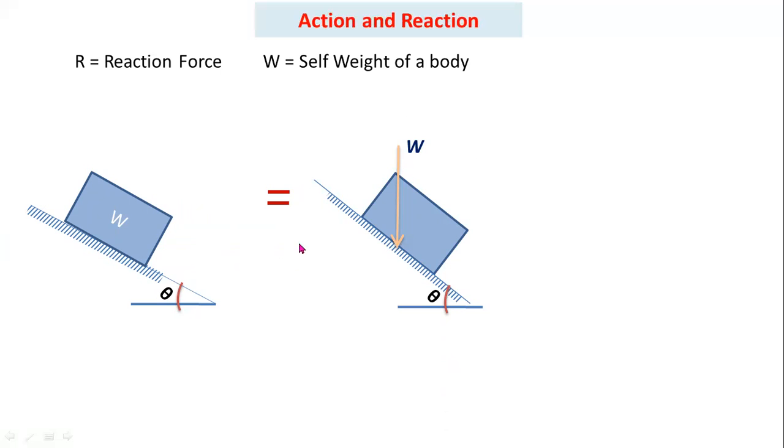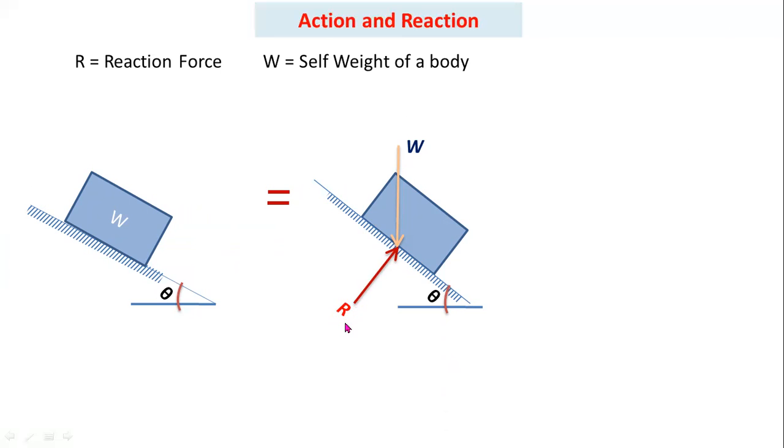And for the reaction force, you have to consider reaction force perpendicular to the support. This is an inclined support, so you have to draw a perpendicular line to the support. So this is the reaction force.